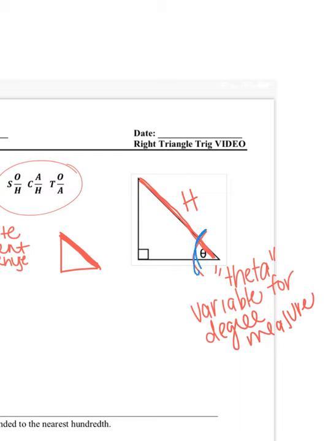In this case, I'm talking about theta. So this side here would be opposite, which leads this to be your adjacent. The opposite side is the one that doesn't touch the angle.